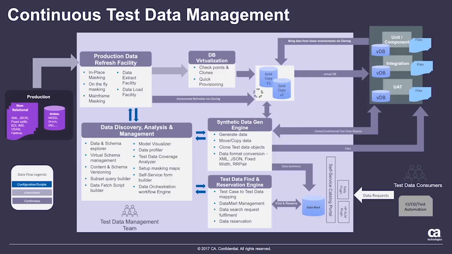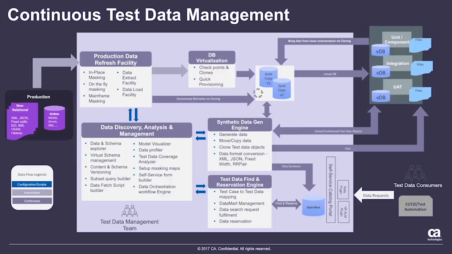Having the ability to find test data, analyze and review the test data, add to the test data, and then deliver that test data to the testers that need it. And having this in an automated fashion, a self-service type of portal, is really going to help you to achieve this concept of continuous test data management.